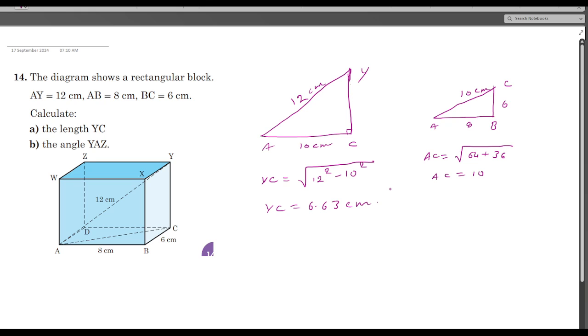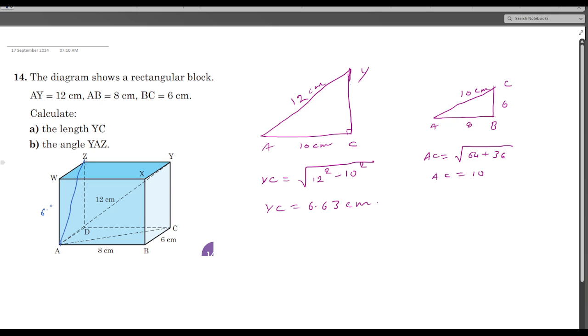And then angle YAZ. Length of AZ we can find out. See here, length of AW is going to be equal to length of YC.